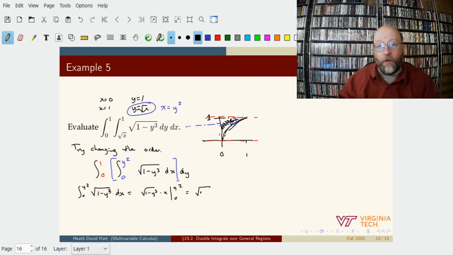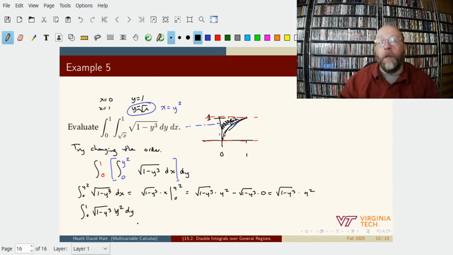That's square root of 1 minus y cubed times y squared minus square root of 1 minus y cubed times 0, which is just the square root of 1 minus y cubed times y squared. Now, if we integrate that from 0 to 1, this is a u substitution problem.